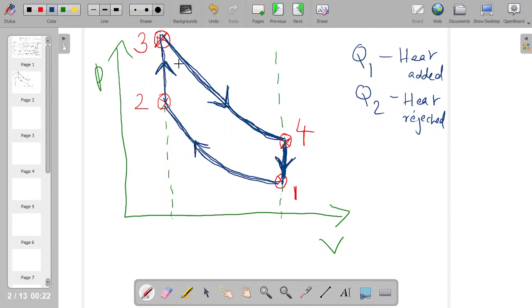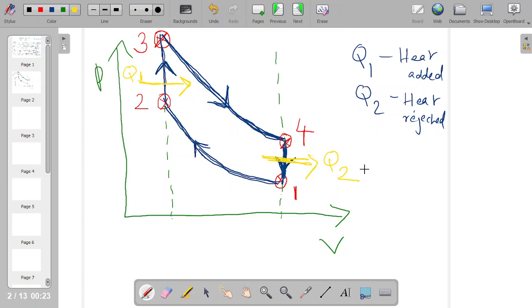It is 2 to 3, constant volume heat addition. So you can mark Q1 like this. Heat is added in this process Q1, and similarly heat is rejected in the last process 4 to 1. So this will be Q2. So this completes our PV diagram.